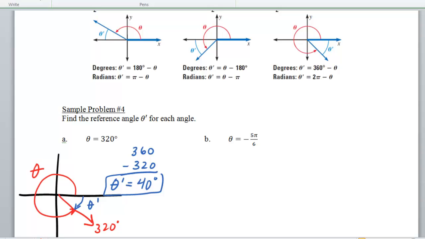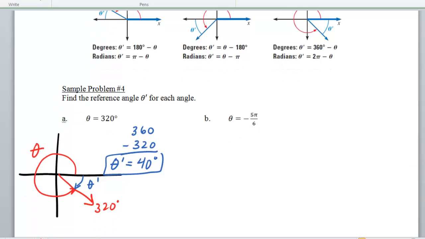Okay, let's take a look at a reference angle when given radian measures. And this is a little different as well because we were given a negative measurement. So the first thing we need to do is come up with where does negative 5 pi over 6 fall?